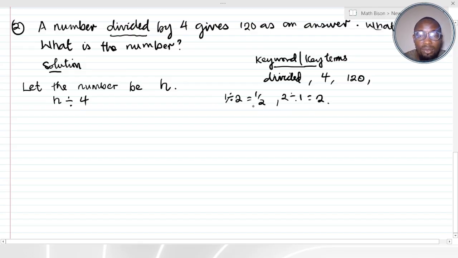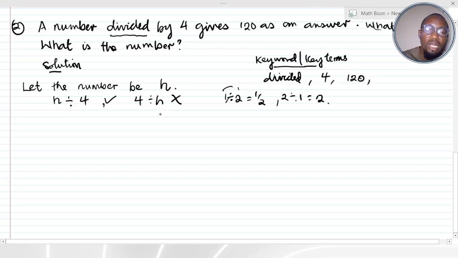You see the answers are different. What happened? We just changed the order. 1 came before 2 here, but 2 came before 1 here. And the answers are affected. So division is an operation that is not what? Commutative. Order is important. So a number divided by 4 cannot be the same. This one is correct. It cannot be 4 divided by h. This will be wrong. This one is 4 divided by a number.